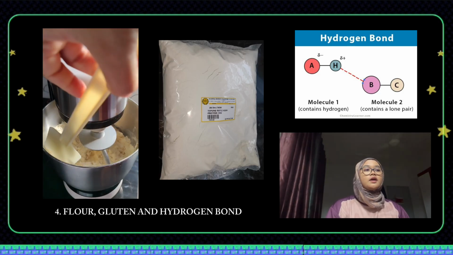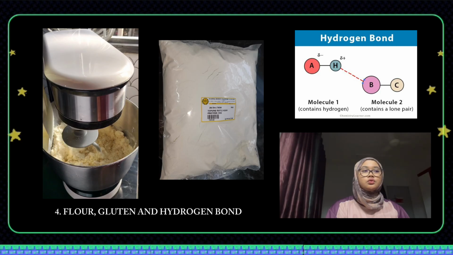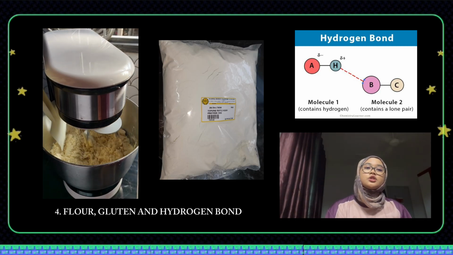Other than that, gluten retains the CO2 gas from the yeast and gives structure to the bread.